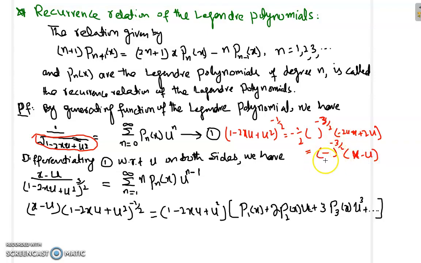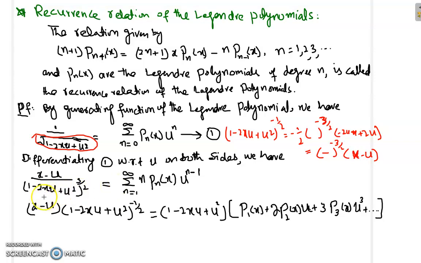So we got this while taking the derivative of this expression. And similarly on the right side we have taken the derivative of u to the power n with respect to u, which is n times u to the power n minus 1.